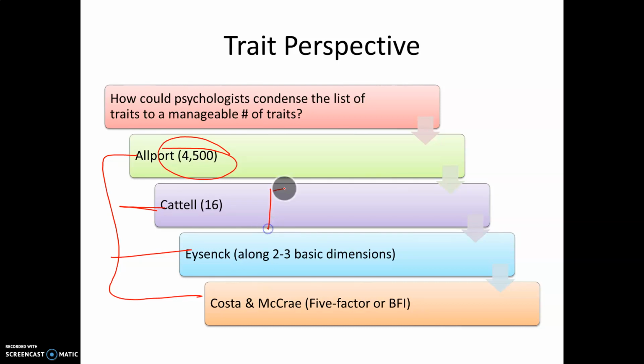Raymond Cattell used what's called factor analysis, which we're going to study today, which is going to be the bulk of this screencast, to whittle down the 4,500 to 16. Hans Eysenck actually had, in your book, 2 dimensions of personality. So kind of the spectrum, right?